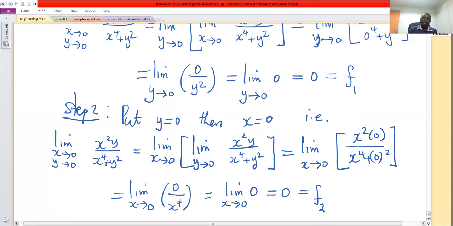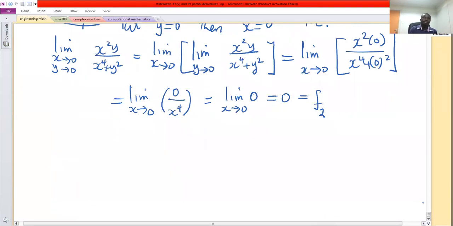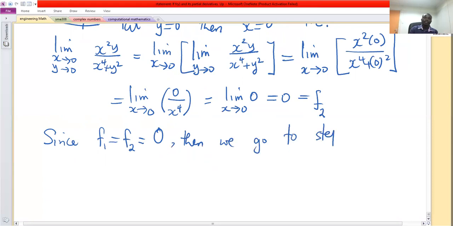Call this one f2. Since f1 and f2 are the same, f1 equals f2 equals 0, we go to step 3. In step 3, you put y to be mx.